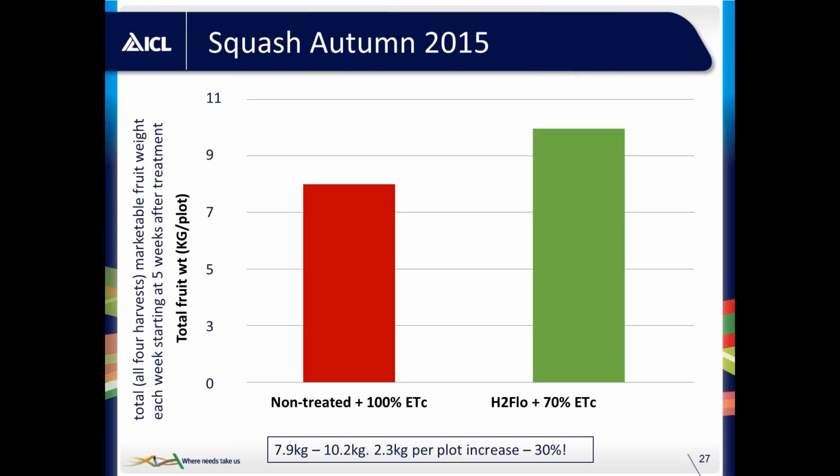And what you can see here is that the non-treated, so the 100% irrigation, water on its own, was running at 7.9 kilos per plot, whereas with the H2Flo and only 70% of water, we went up to 10.2. So there's a 2.3 kilo per plot increase, around a 30% increase. So not only did we save 30% of water, we also added almost 30% yield.